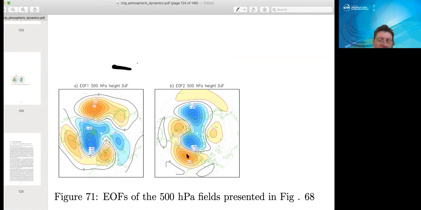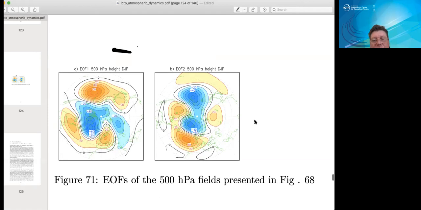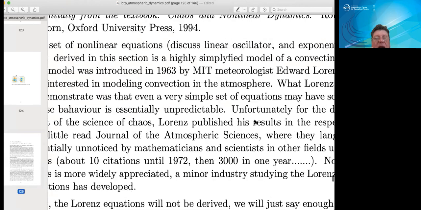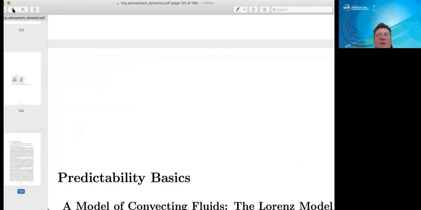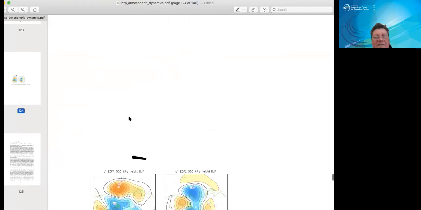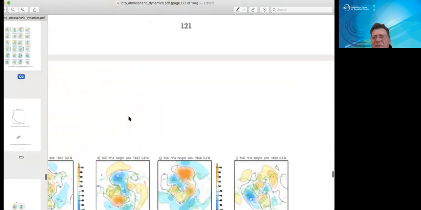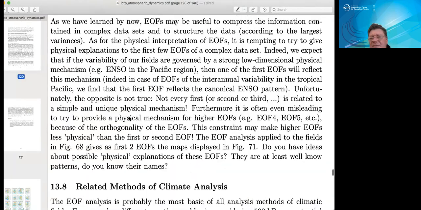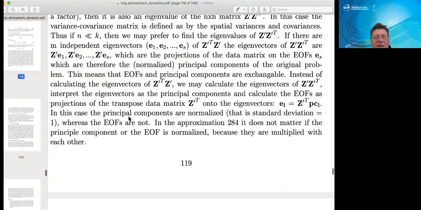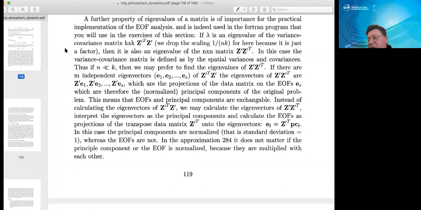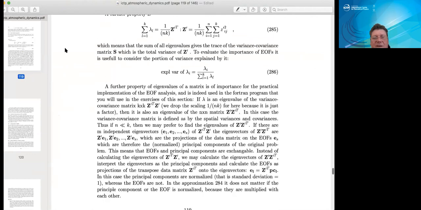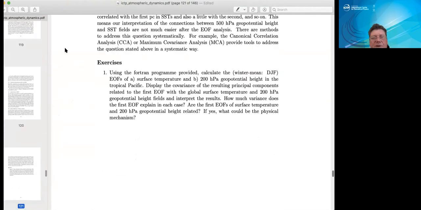But there's a whole story behind this. So I encourage you to perform the exercise. You have desktop PCs, right? So you can run Fortran code on them by definition, because you have done the numerical methods course. I've put on Slack a tar file that contains a program, and I'm asking you to use this program.